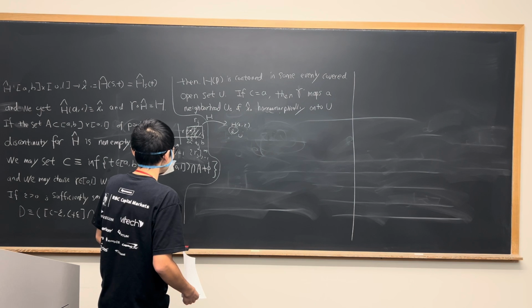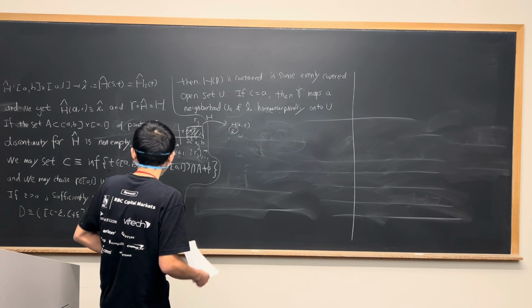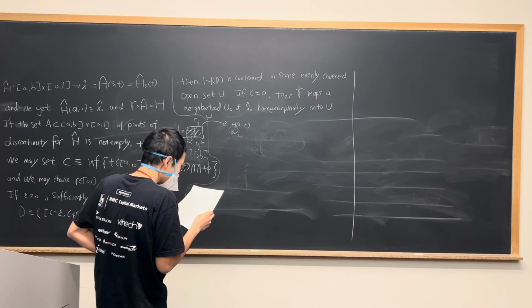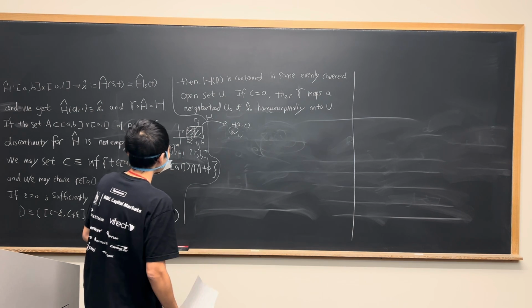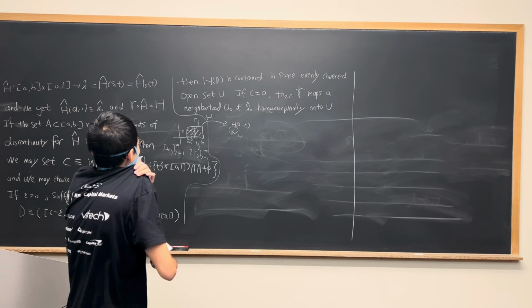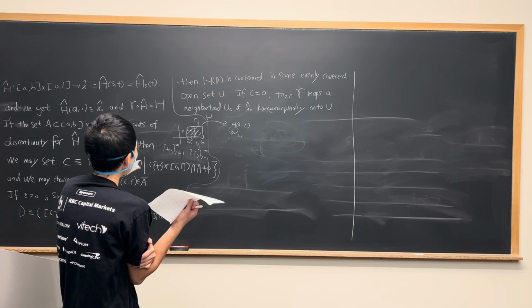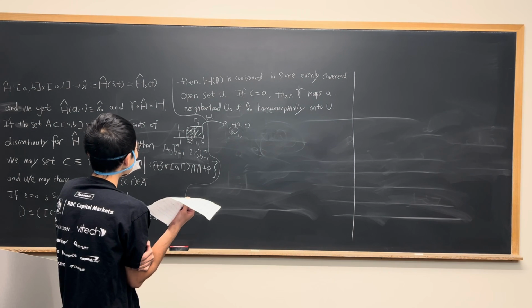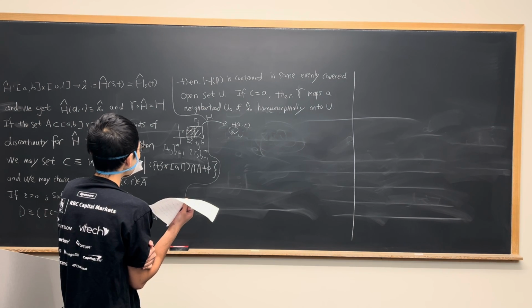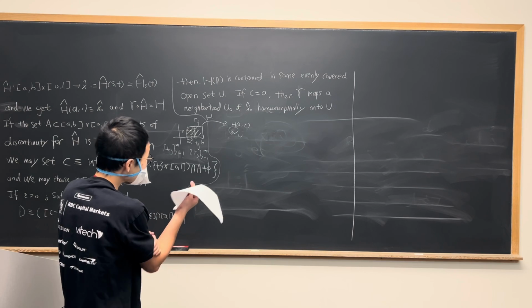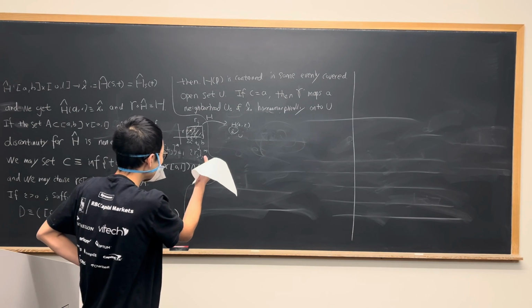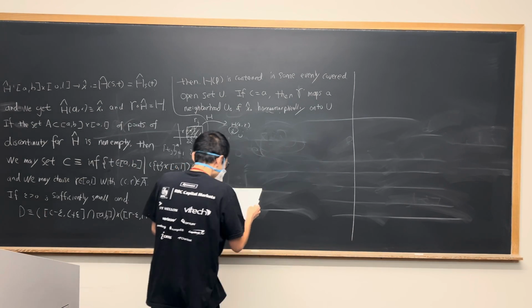Because this X naught is one of the pre-images of this X. What's the neighborhood of X? I think that's by the definition of covering space map. Okay, all right, so let's continue.